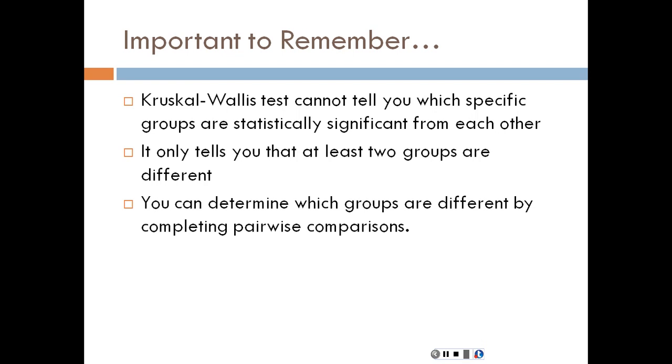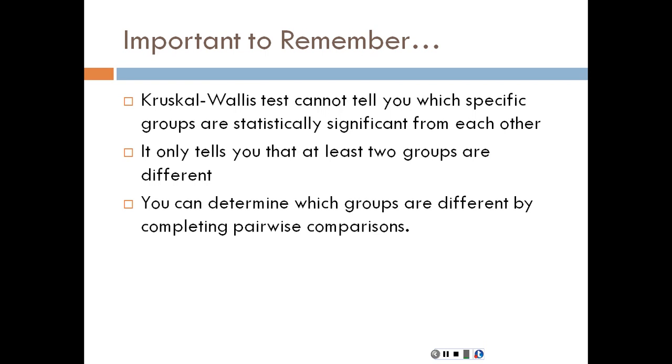So for instance, if I have my 3 groups, my test will say, yes, there are significant differences in the groups, but it won't pinpoint exactly whether groups 1 and 2 are different from each other, or maybe it's groups 1 and 3 that are statistically significant from each other. The Kruskal-Wallis test won't tell us that.